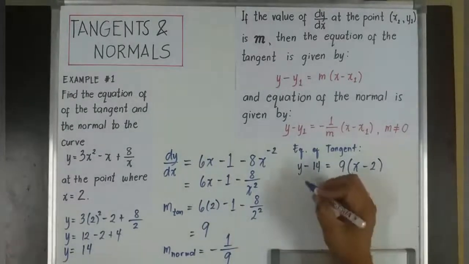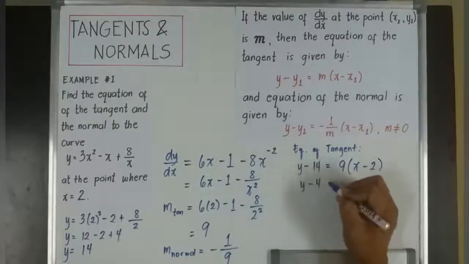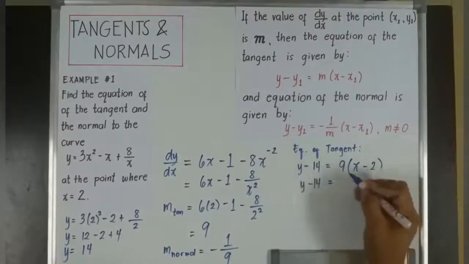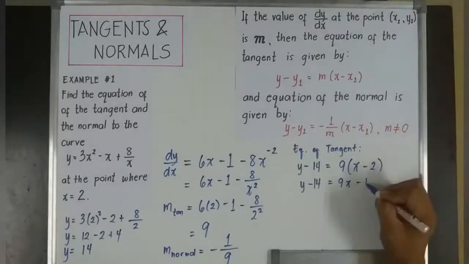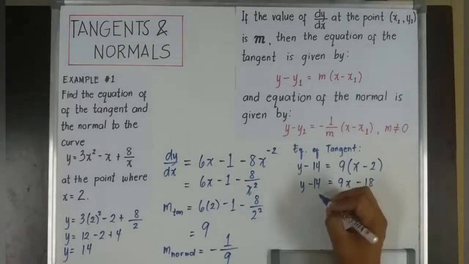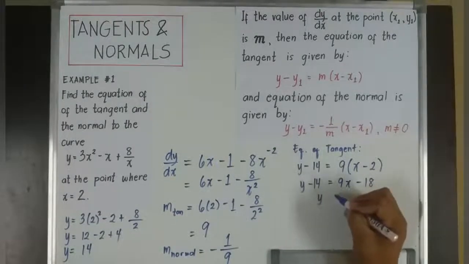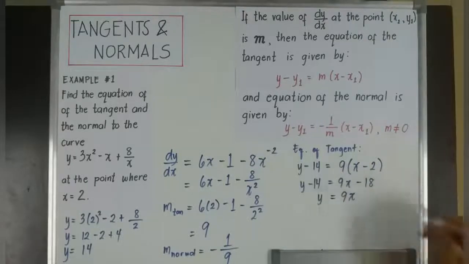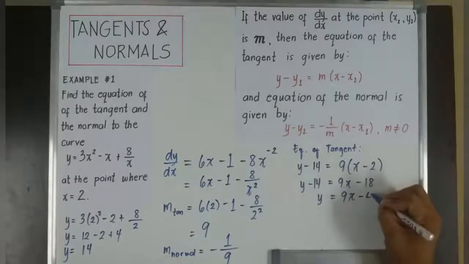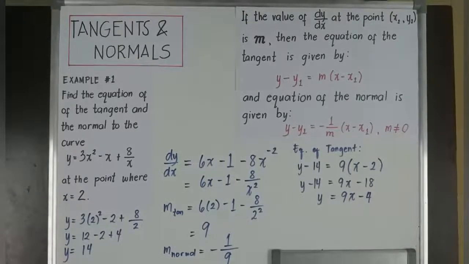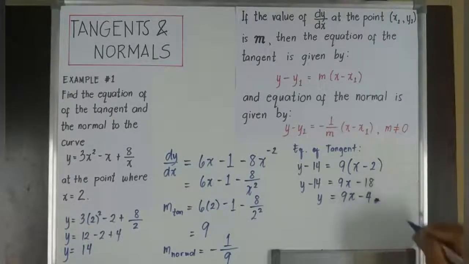Therefore, it will become y minus 14 equals 9x minus 18. Thus, y is equal to 9x, negative 18 plus 14 will become negative 4. This is now the equation of the tangent.